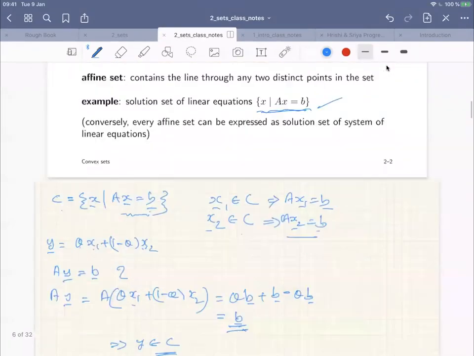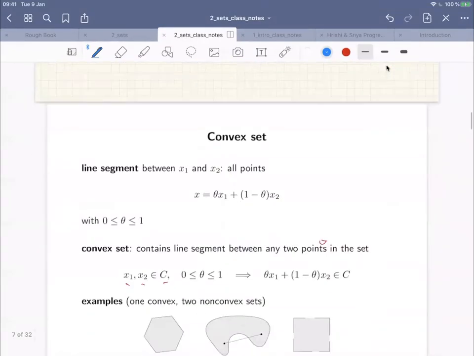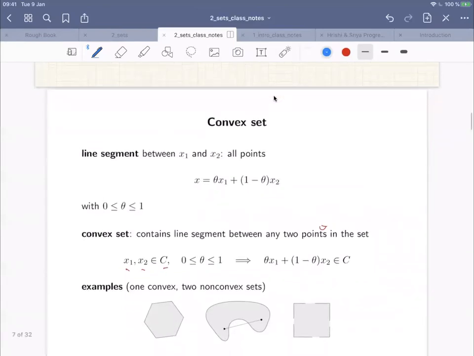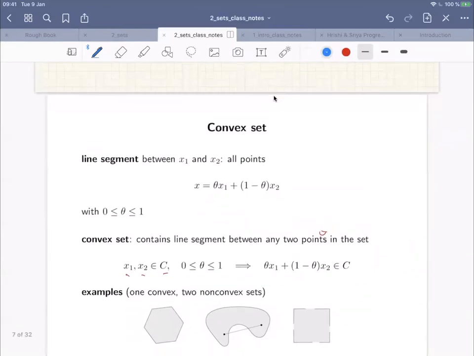The definition is something similar. Instead of affine combination, we consider here a convex combination. A convex set is a set containing the line segment between any 2 points in the set. How do you define the line segment between 2 points? Using a convex combination. So now you have x equal to theta x1 plus 1 minus theta x2.